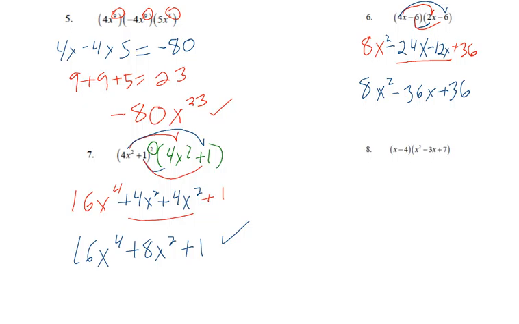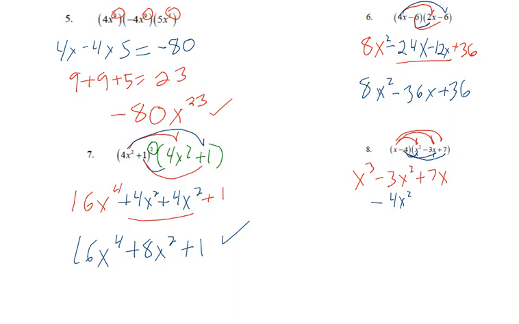Question 8. First, x will multiply to everything inside parentheses. So x times x² is x³. x times negative 3x is negative 3x². And x times 7 is positive 7x. Next, negative 4 will multiply to everything. Negative 4 times x² is negative 4x².